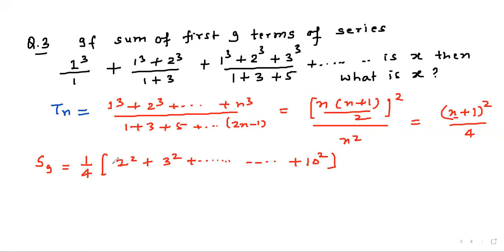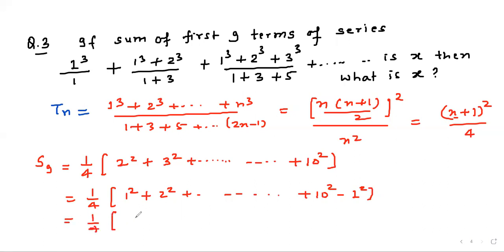Here 1 square is missing, so we can add and subtract. So it will become 1 by 4 times (1 square plus 2 square plus dot dot dot plus 10 square minus 1 square). Then we can further write 1 by 4 times (1 square plus 2 square plus dot dot dot plus 10 square) minus 1 by 4.